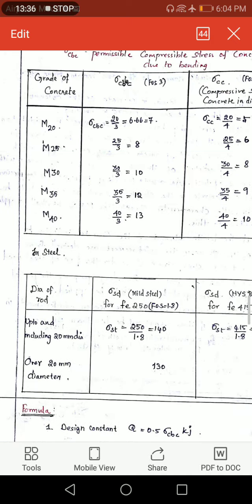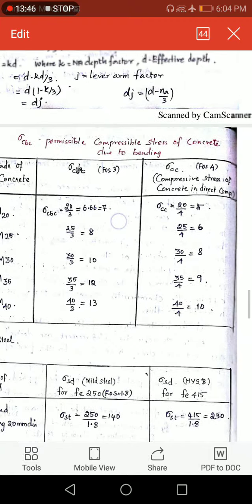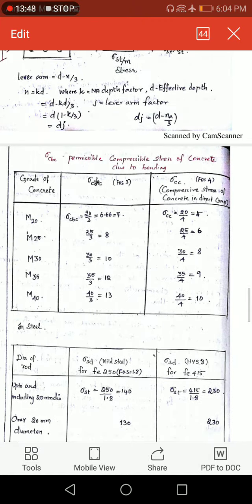So both the values should be known while designing a slab. Please keep in mind, this is the permissible stresses of concrete.